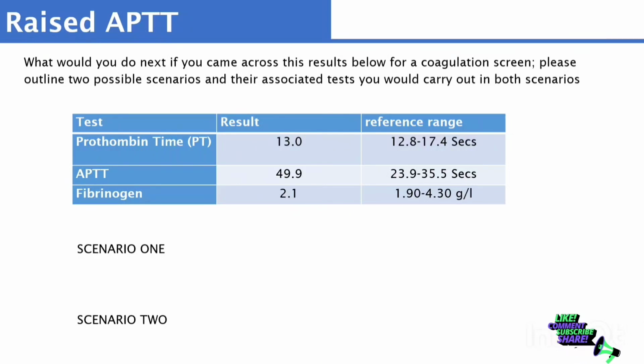If it corrects, it suggests factor deficiency. If it doesn't correct, it suggests inhibitor. In factor deficiency, we do a factor assay. In inhibitor, we do lupus anticoagulant or thrombophilia testing. Does that make sense? So these are the two things you are going to see there.